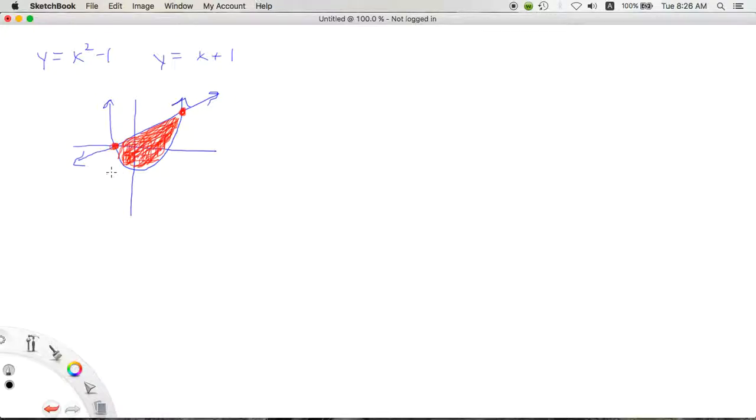Alright, so you should have found that it intersects at x equals -1 and at x equals 2. So those are our 2 intersection points. Now the whole way across, the line is the top one, so we're going to integrate from -1 to 2 of the top function minus the bottom function.